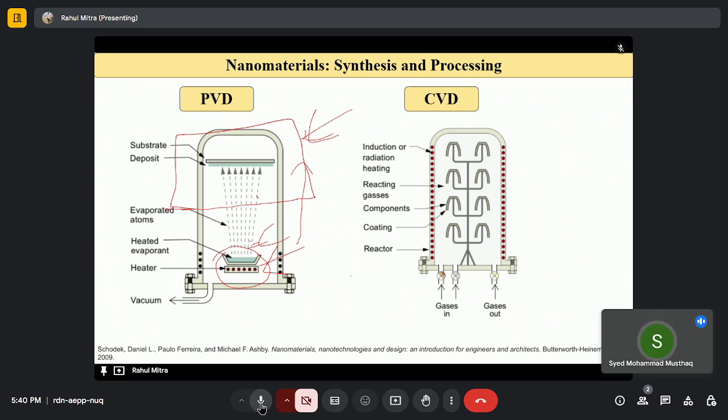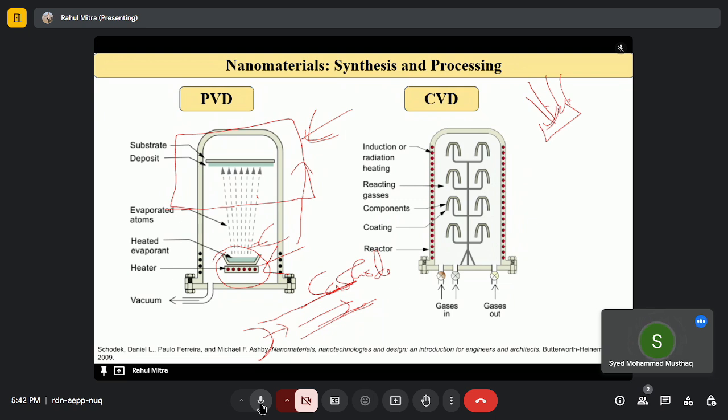It is the same acceleration that we see in scanning electron microscopes and transmission electron microscopes. Once the electrons are ejected from a sample, they are accelerated. So we have an anode and a cathode, and the atoms are collected at some position, they get deposited there, and we have nanofilms or nanoparticles.